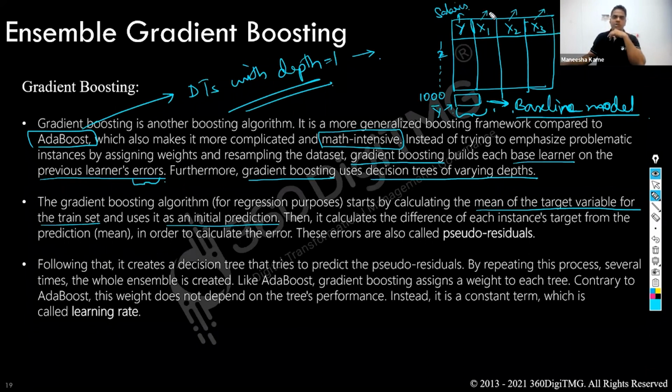Given these 3 inputs, if someone asks me to predict the salary of a data scientist and I don't want to build any prediction model, I can simply take the average of salaries of all the other people and say this will be the output. Give me any set of inputs, I'm just going to give you an average. And the prediction models that you build should always be better than the baseline models.